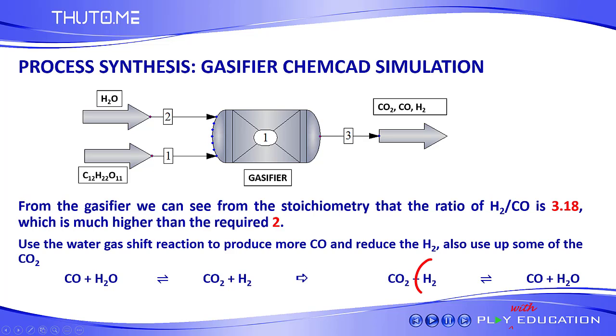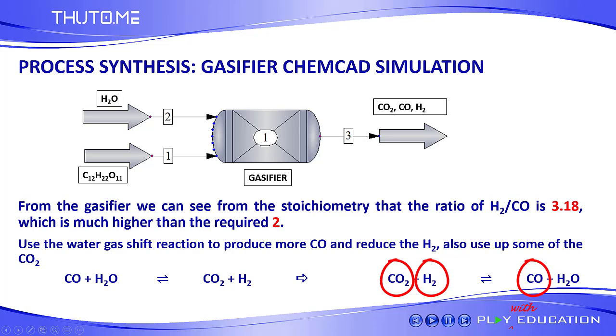So we are going to be looking at using that excess hydrogen that we have. Instead of having 2, we're having 3.18 for each mole of CO. So we are going to have to use up that excess 1.18 hydrogen, which is not exactly the true story, but whatever excess that we have, we use it up to make more CO. The advantage of that is, remember, we have CO2 in our syngas produced from the gasifier.